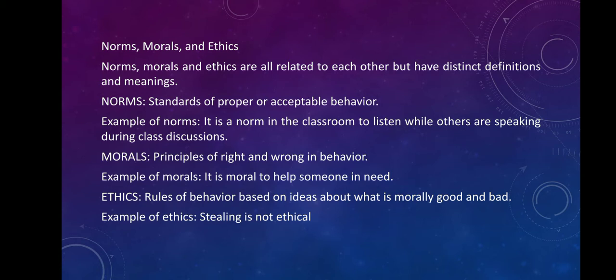Next thing is ethics. Rules of behavior based on ideas about what is morally good and bad. Here the example is, stealing is not ethical. Here we can say ethics is both moral and norm. Usually it is imposed by the society, and it is all about rules based on ideas about what is morally good and bad.